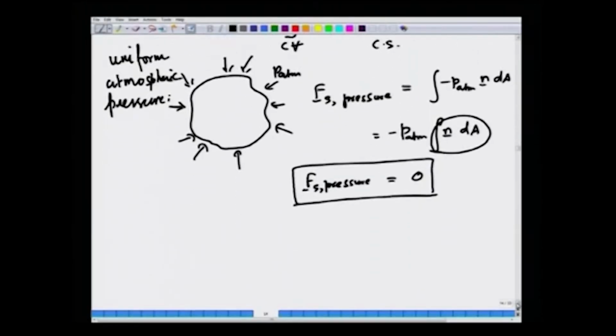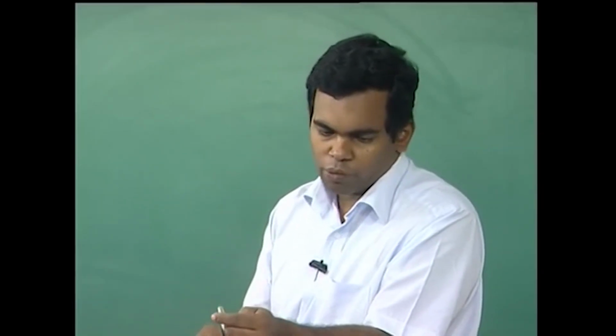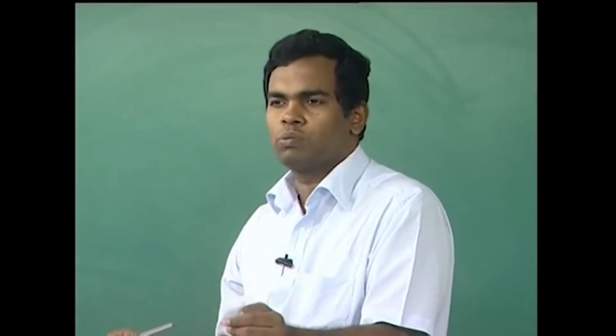In many problems, you may not just have the atmospheric pressure, you may have something else in addition to atmospheric pressure. So, what will matter in such problems, if you have, let us say, a pump that is uniformly exposed to the atmosphere, the only thing that will matter is the difference between the actual pressure and atmospheric pressure, because the net effect of a uniform atmospheric pressure on the entire control surface is exactly 0, because all the components will identically cancel out.